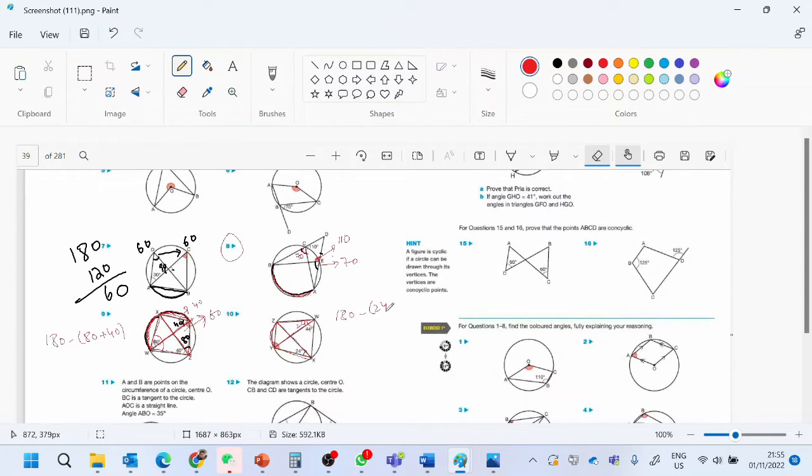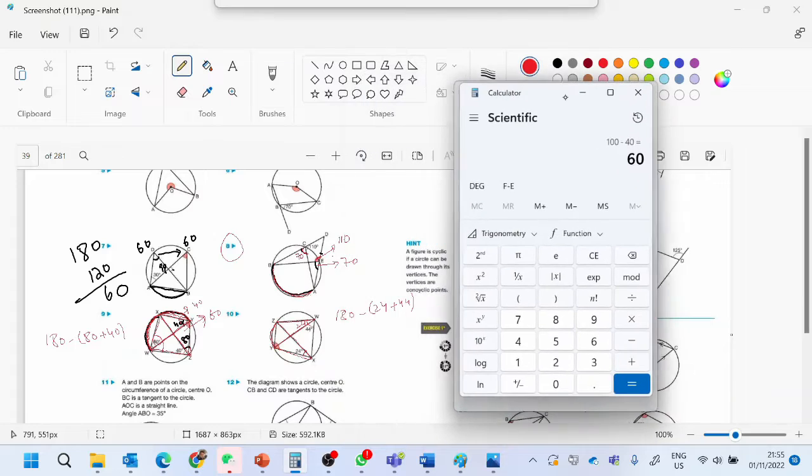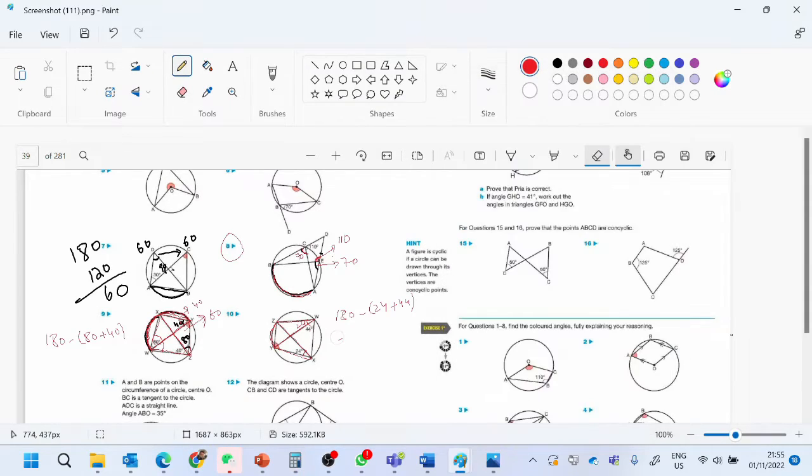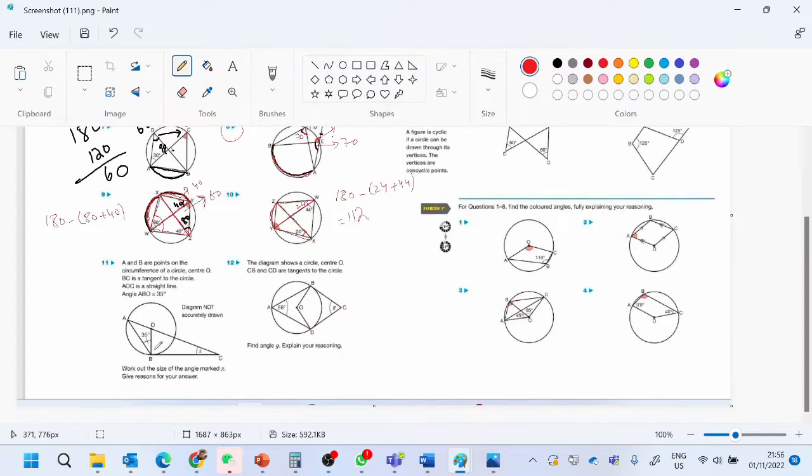So 180 minus 24 minus 44 gives us 100. Given these two, this 35 and this x, we have to find what x is.